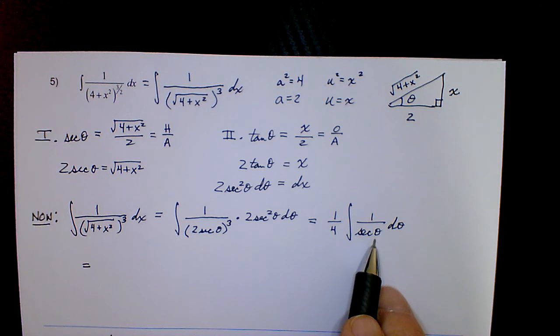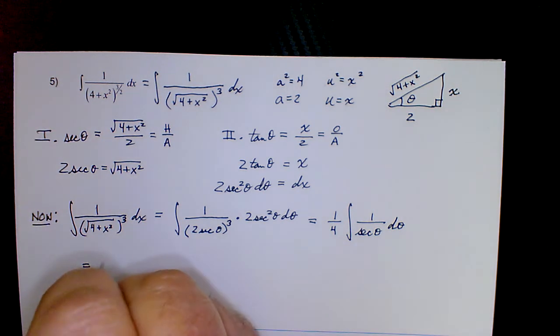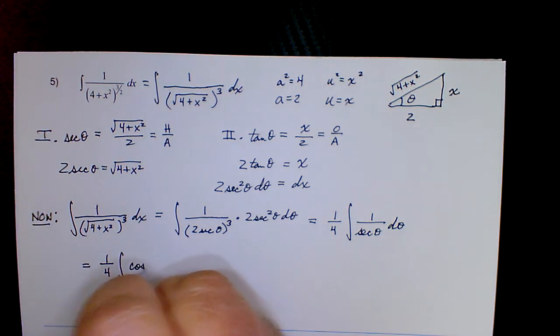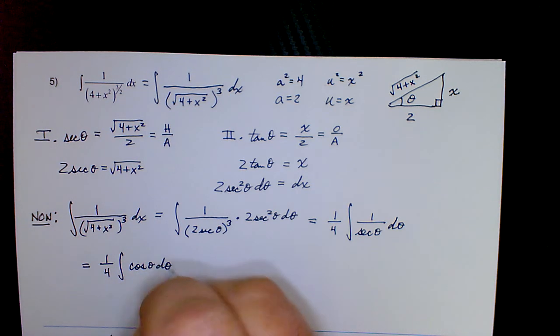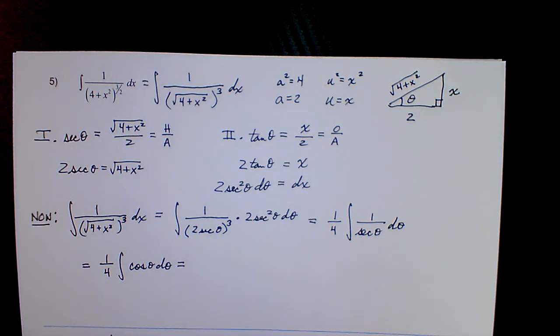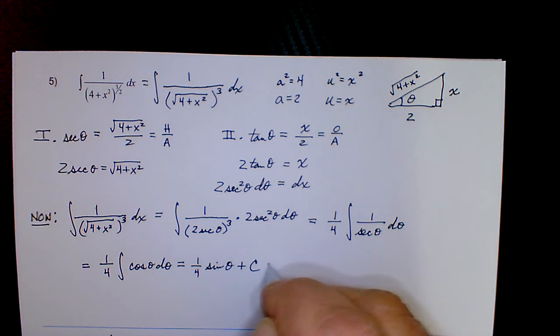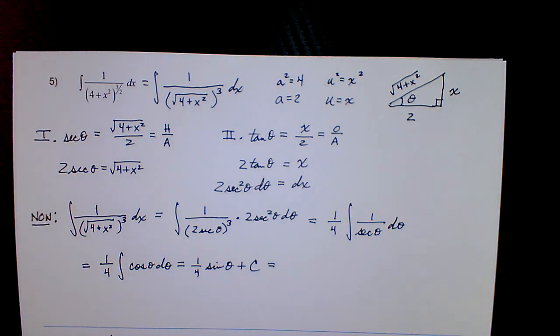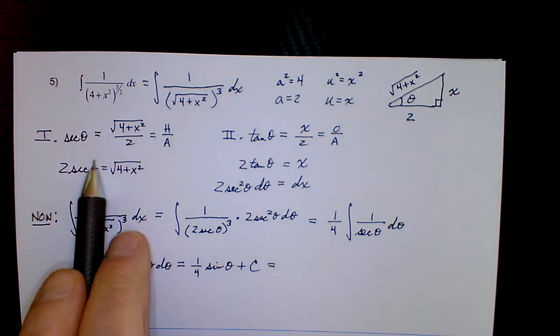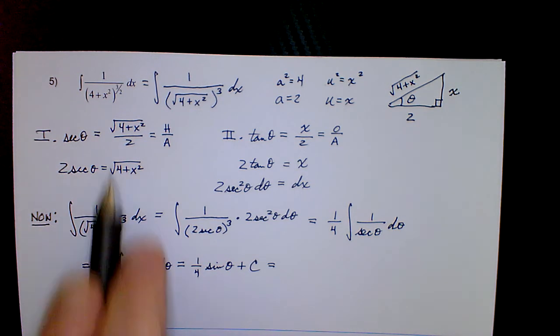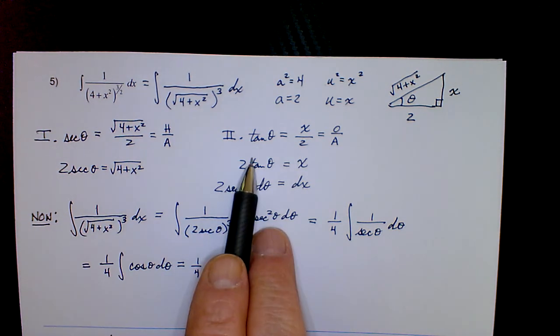Okay, which is not a standard form, but here's the thing, you may need identities on occasion. So basic trig identity, recall 1 over secant is cosine. So the reciprocal of secant is cosine. So 1/4 cosine theta d theta. And cosine integrates to be the sine of theta. Now we have to give this an algebraic term, so here's the thing. If you look back at Roman numeral step 1 and 2, whatever trig function we ended up with in our answer was contained in Roman numeral steps 1 or 2.